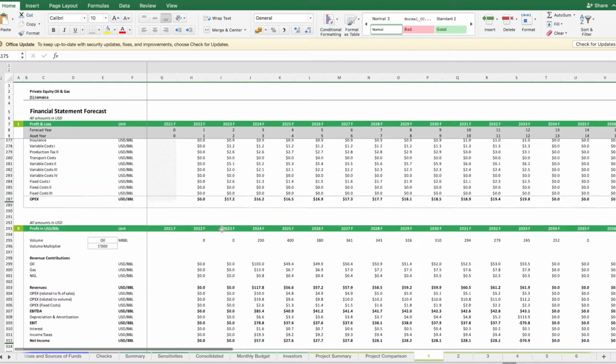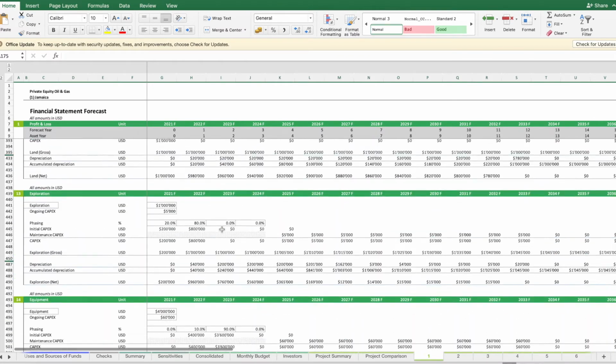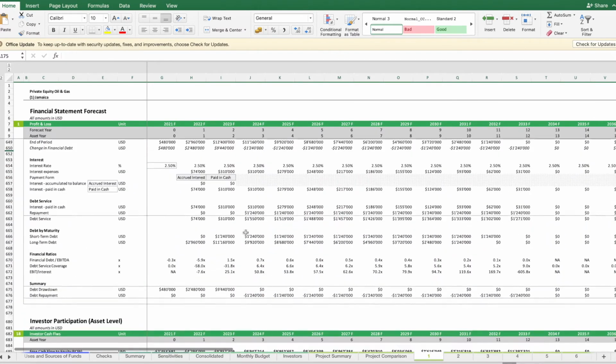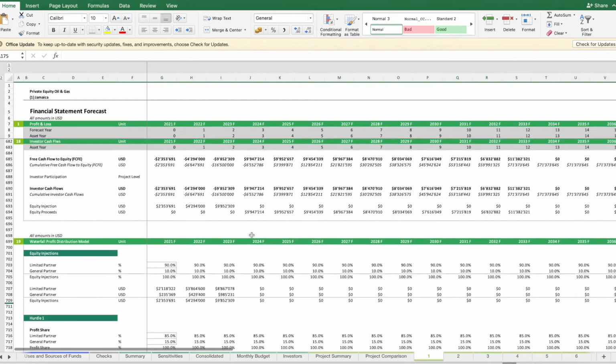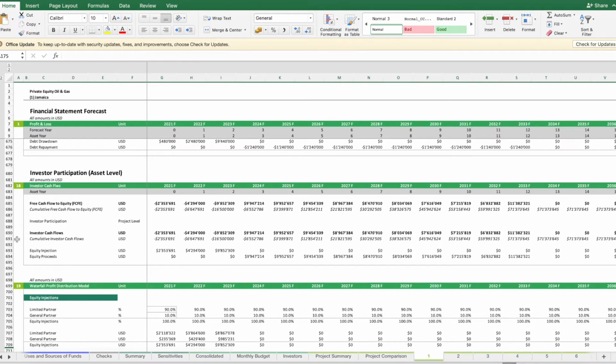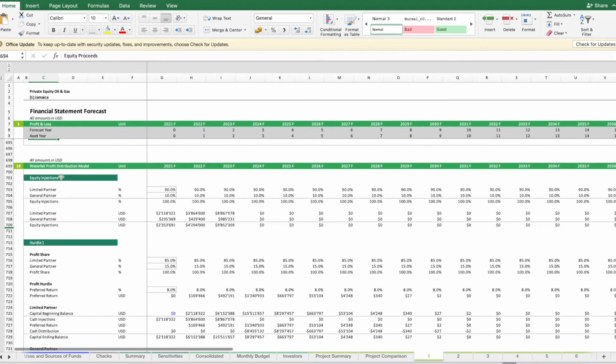What we do with them is run them through a profit waterfall distribution model. Let me see if I can find it. We define in which years the investment has to happen and in which years the proceeds will occur. Once we have that, we apply the limited partner and general partner funding structure.